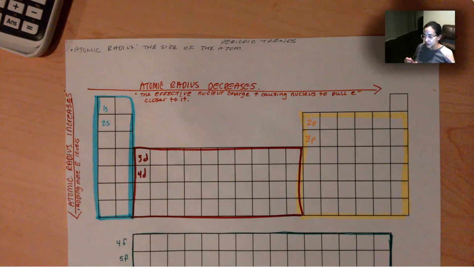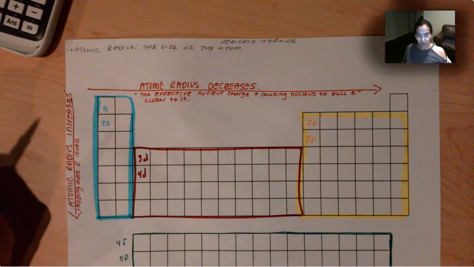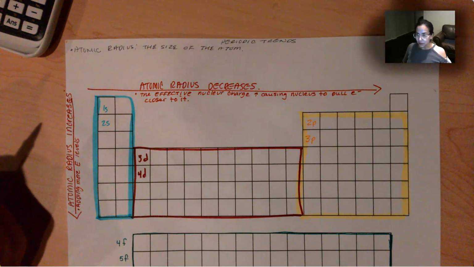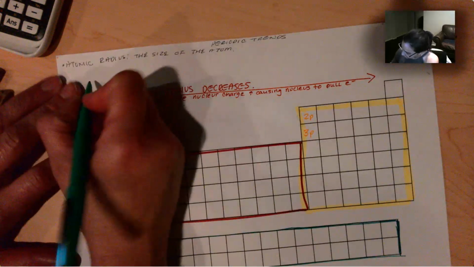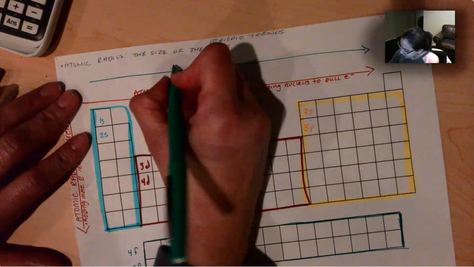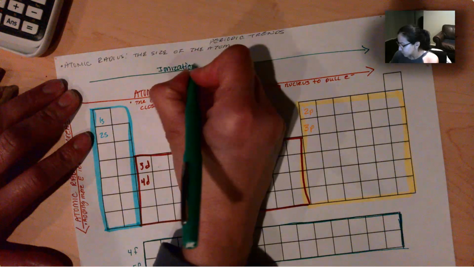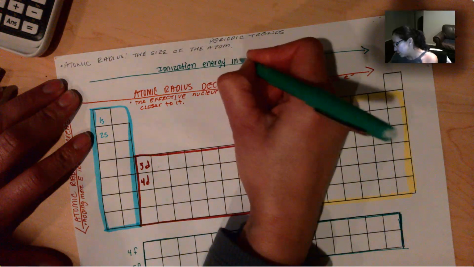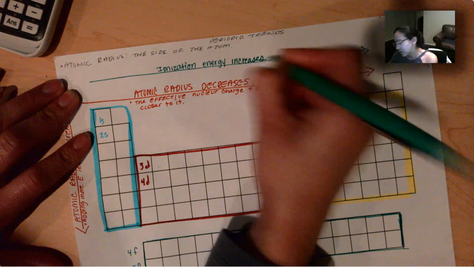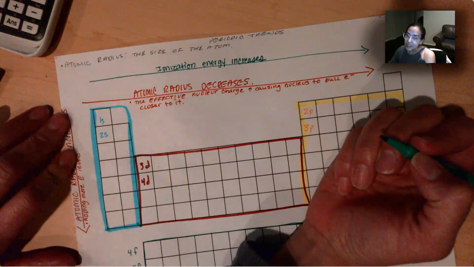All right, so hopefully that explains atomic radius a little bit. Now let's talk about ionization energy. As we go across, ionization energy increases, and as we go down, ionization energy decreases.